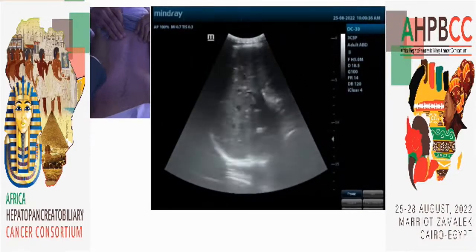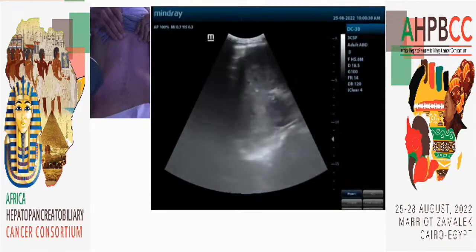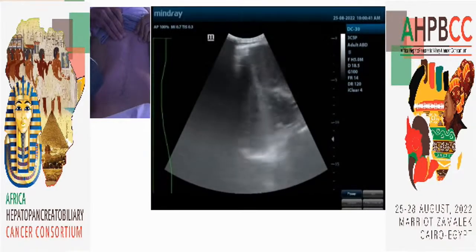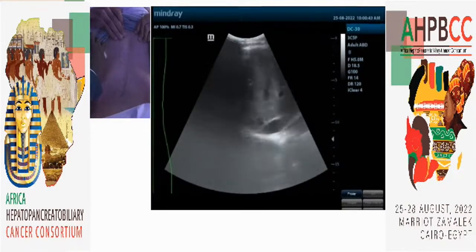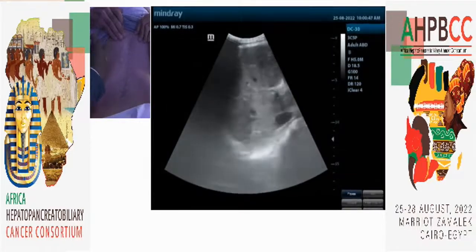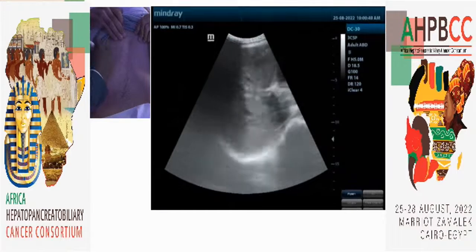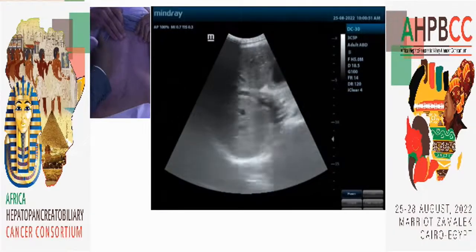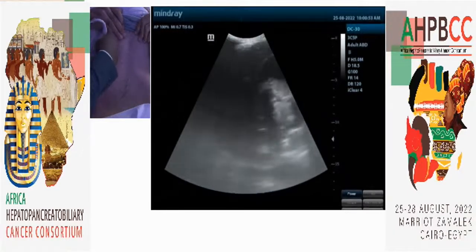I'm now in another intercostal space of station 4, and still sweeping gradually to see if I'll visualize any additional focal lesions.